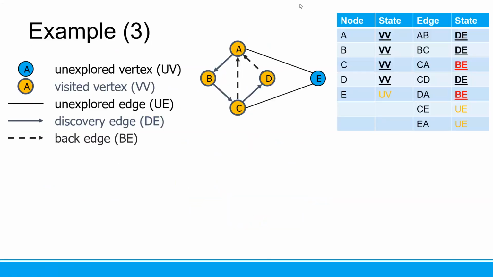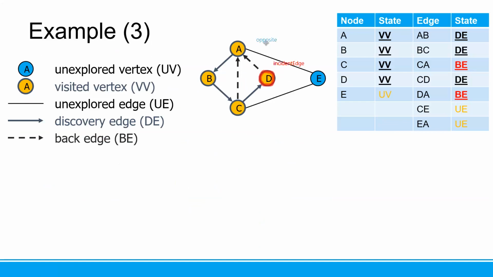And then next, from D, we check the incident edge, and then we will check again the opposite. So this incident edge is not explored. Okay, we go this one, but let's check the opposite.